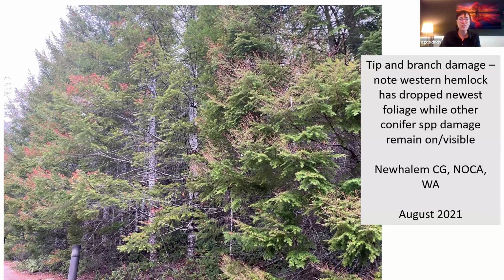So this was by August, so this was just 2 months later. And then you're just left kind of looking at these fine twigs, and if you didn't know what happened, you wouldn't have that foliage to help investigate your story.